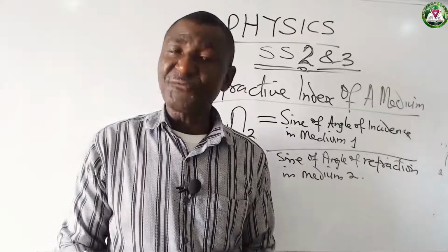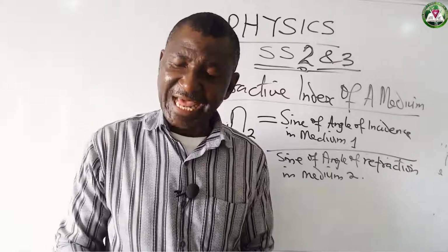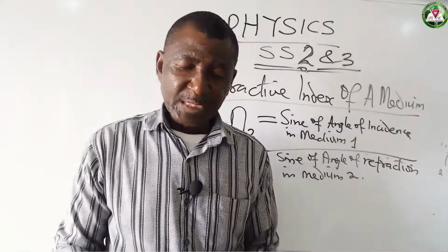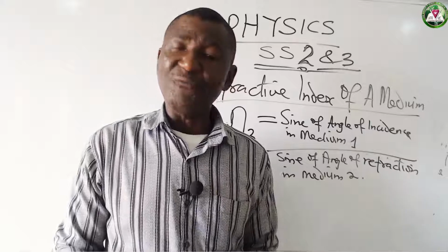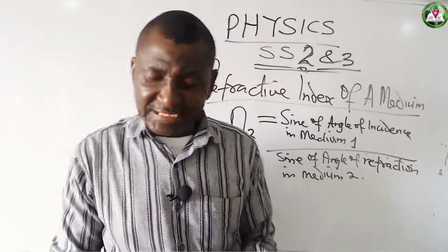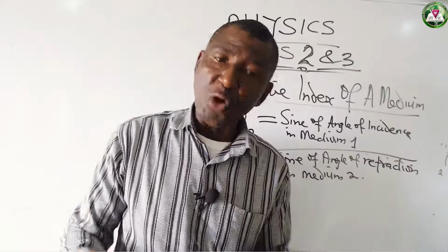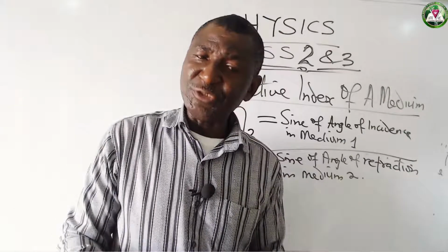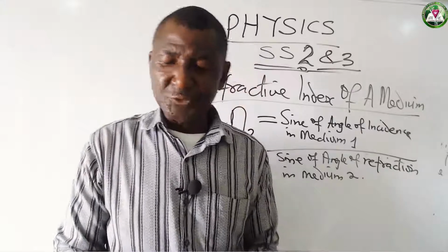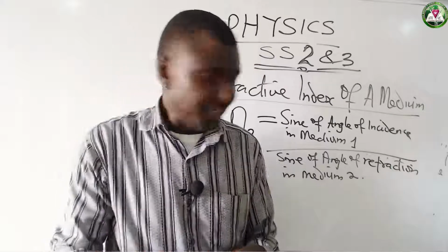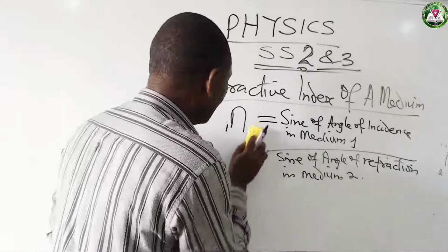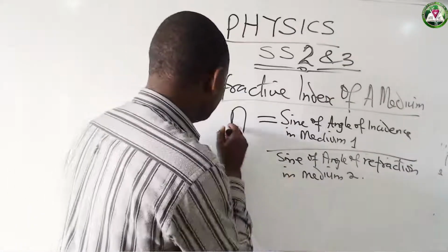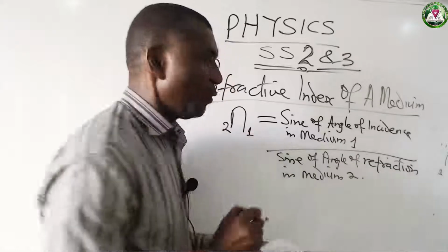If light travels from medium 2, e.g. glass or water, to medium 1, e.g. air, the refractive index of medium 1 relative to medium 2 will now be 2 here, and this is 1.